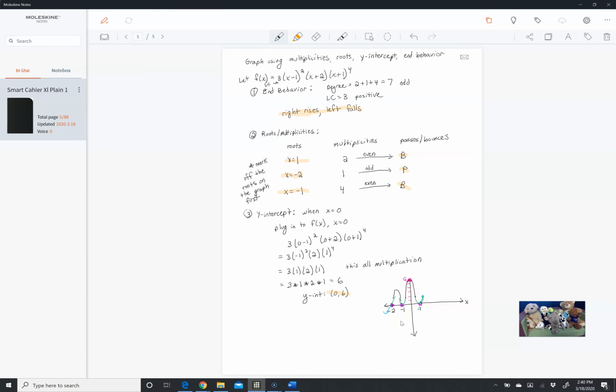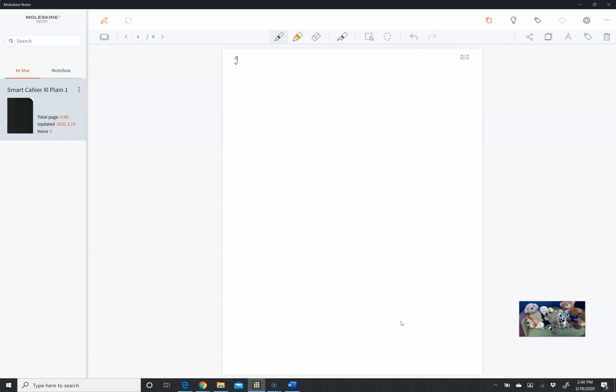Okay. Let's do another example. So let's take g of x is equal to negative (x plus 2) squared, (x minus 1) to the 5th, and (x plus 3).